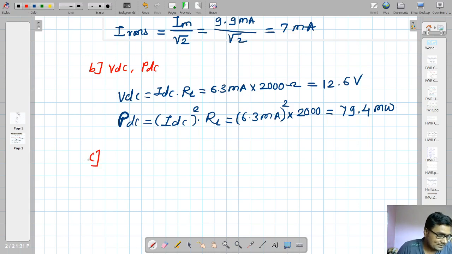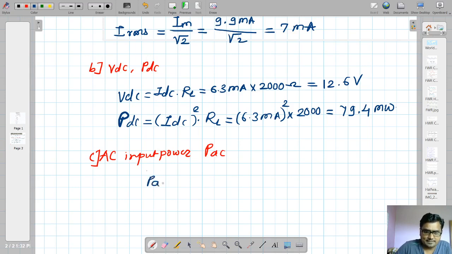See, they want the AC input power, meaning PAC, and we know the equation to calculate PAC. Look at this. Let me change the pen.